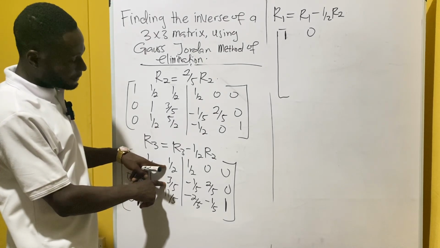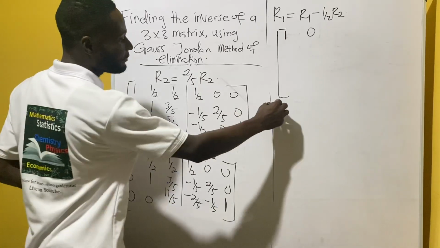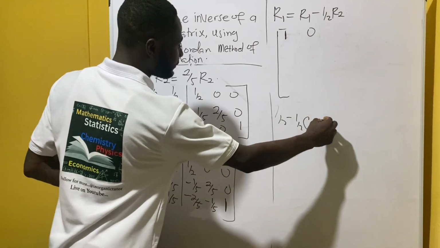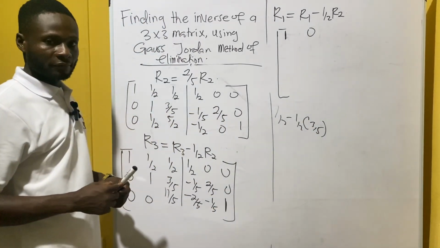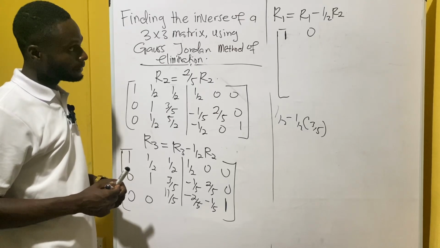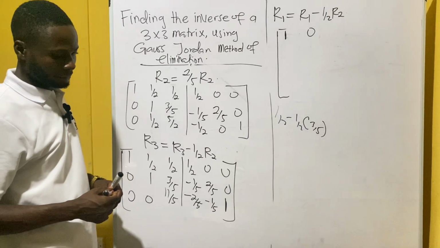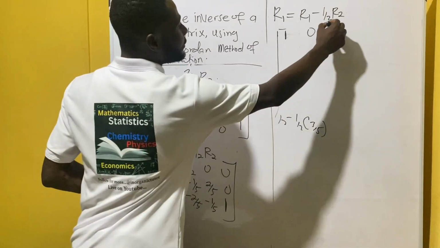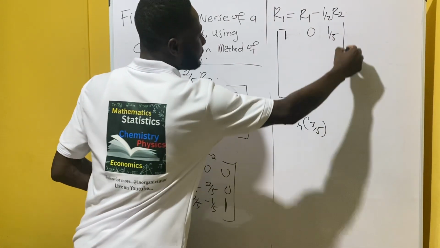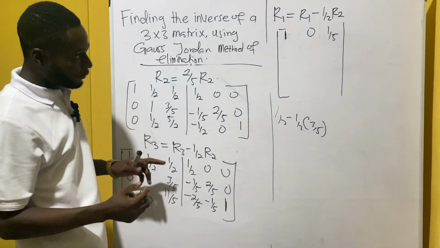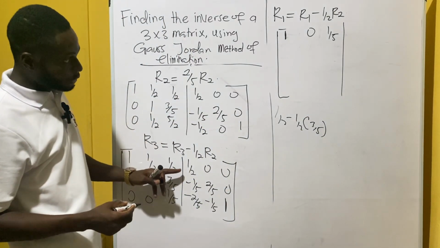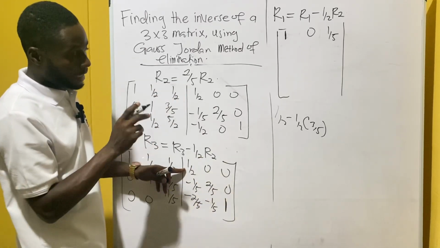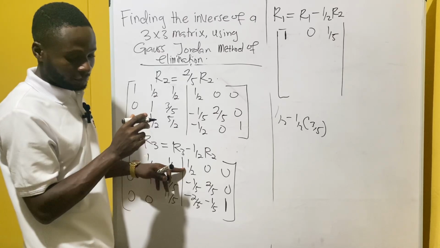Half minus half into 3 on 5, right? And that is 1 on 5. Then the next one is going to be half minus 0 times half, and that is still 0.